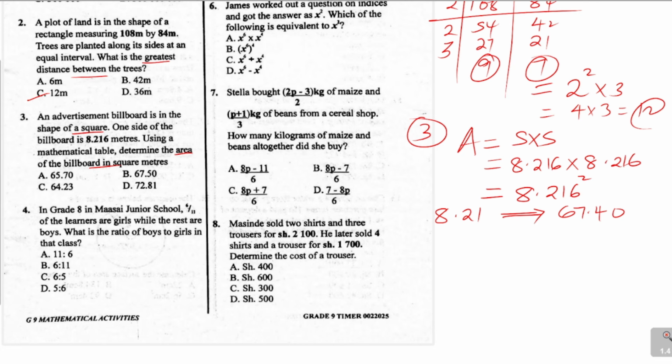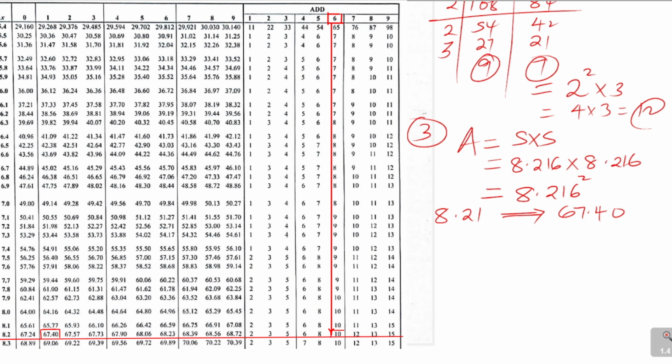You shall go straight to the column, the add column. You can see the add column there. Go straight along the row where we have 8.21, and then up to the add column, and for that column you'll notice 6.